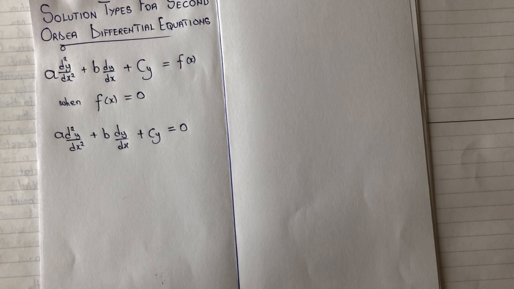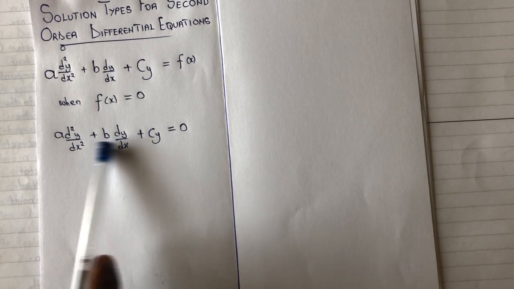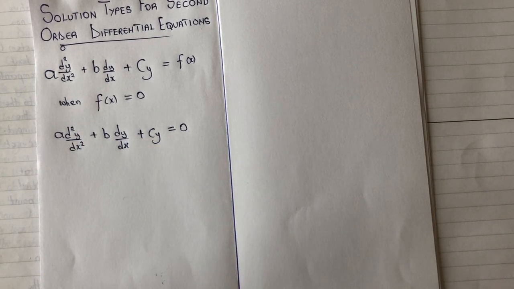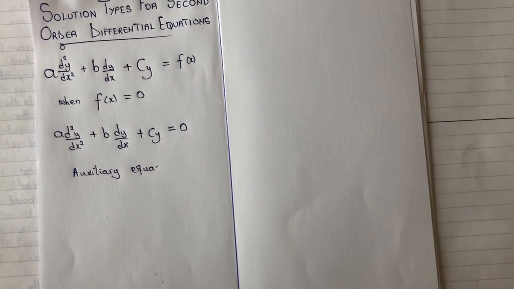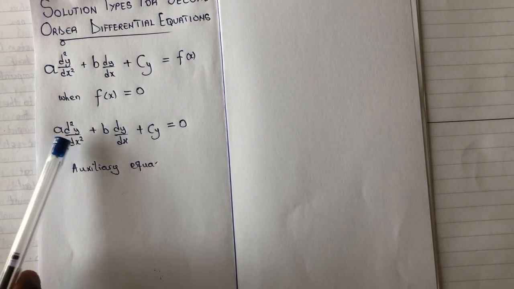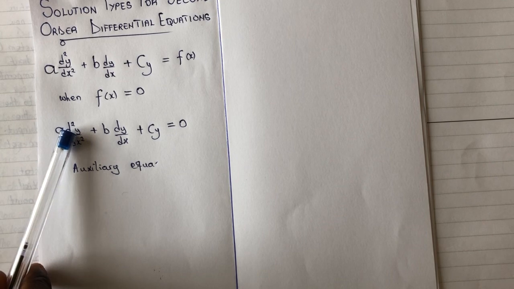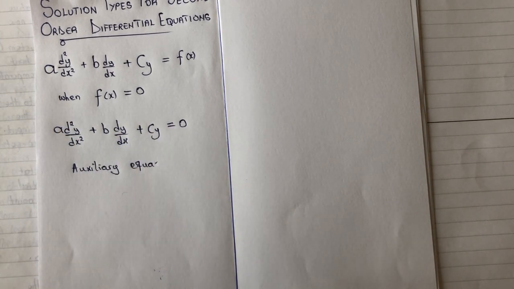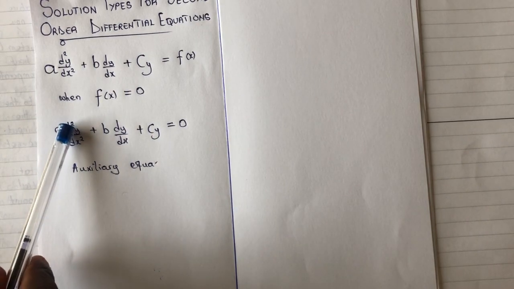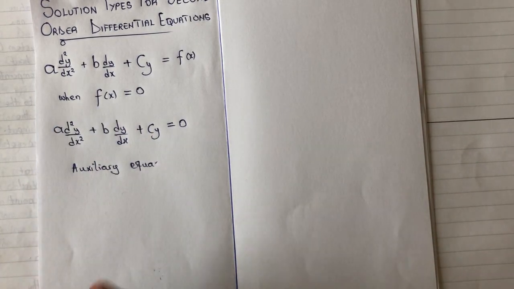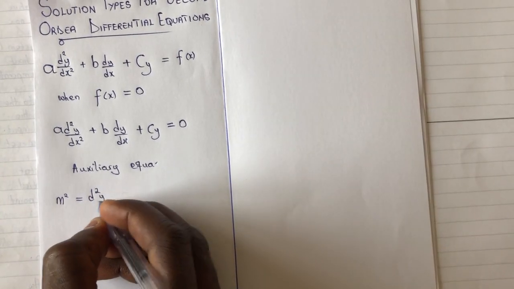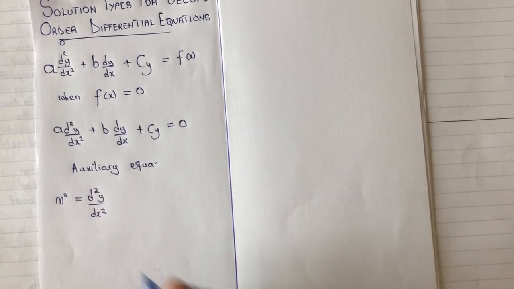And so the quadratic equation that we will generate using the letter m to represent the derivative terms, we call it the auxiliary equation. To generate the auxiliary equation, we just represent the derivative terms d squared y over dx squared and dy/dx with the letter m. Now, this is a second derivative, so we square it. m squared will be equal to d squared y all over dx squared.